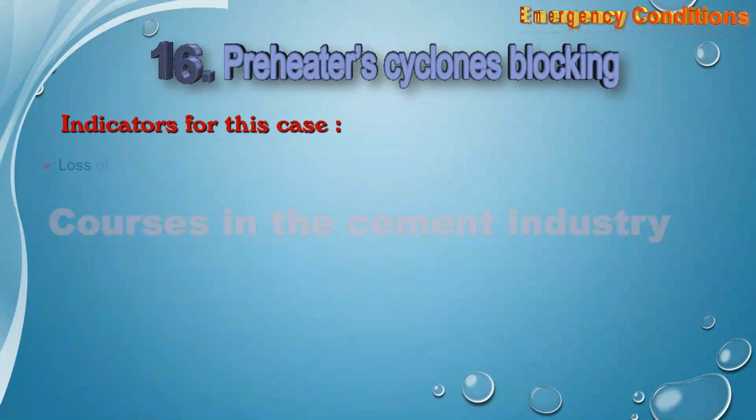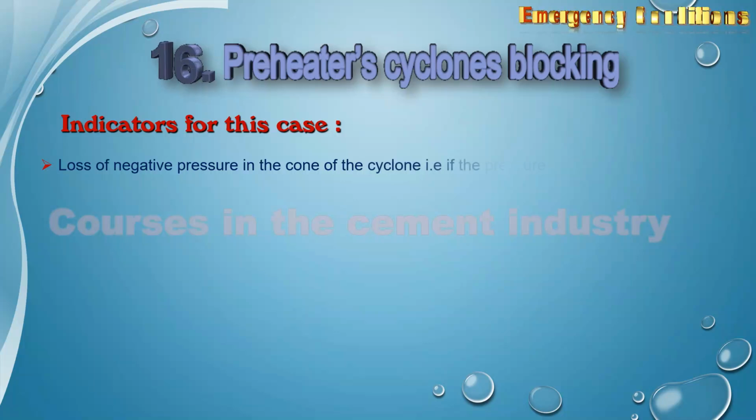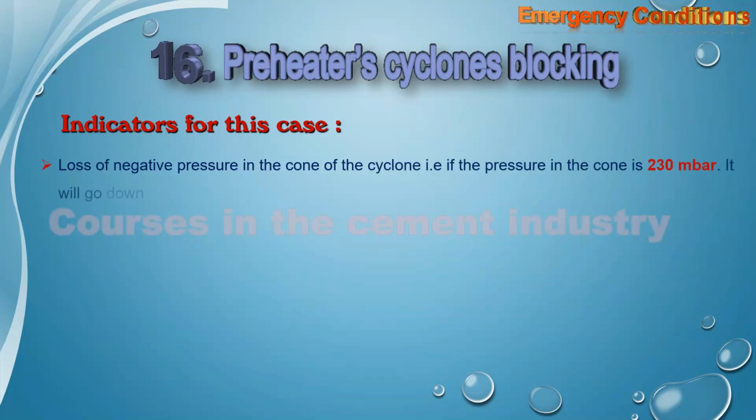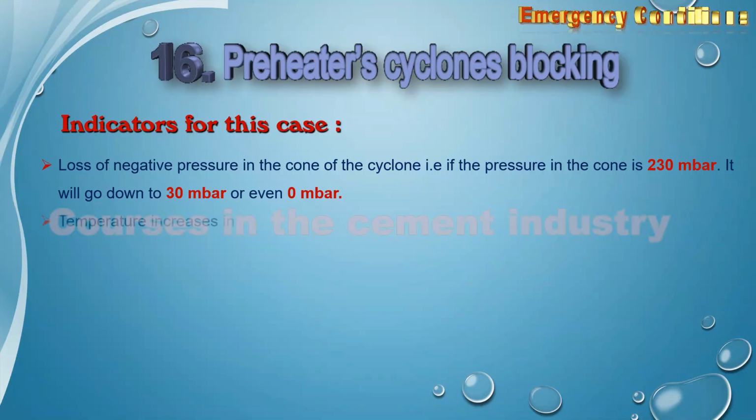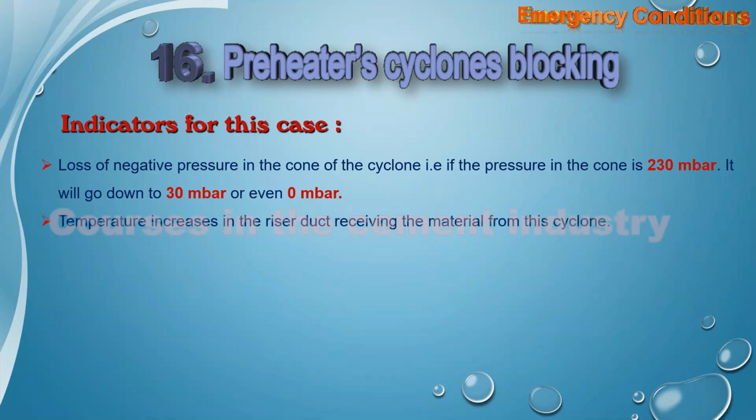1. Loss of negative pressure in the cone of the cyclone. If the pressure in the cone is 230 millibar, it will go down to 30 millibar or even 0 millibar. 2. Temperature increases in the riser duct receiving the material from this cyclone. 3.